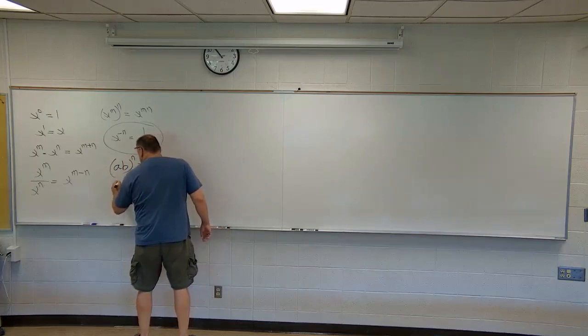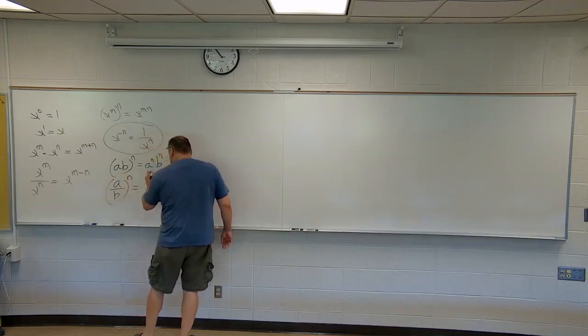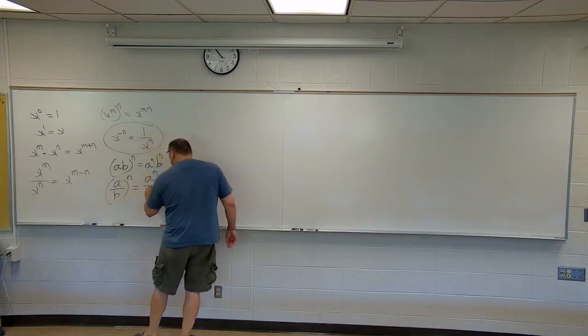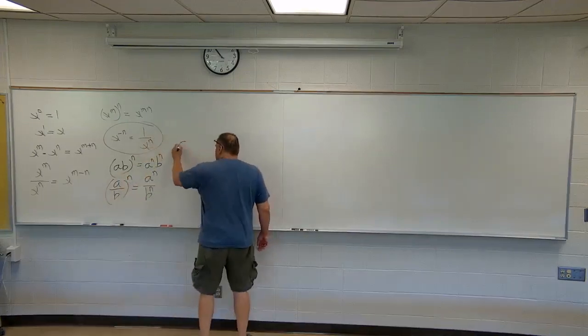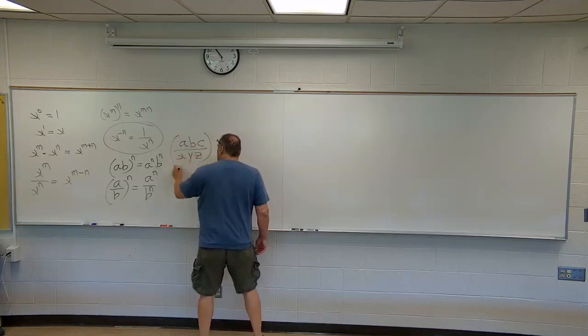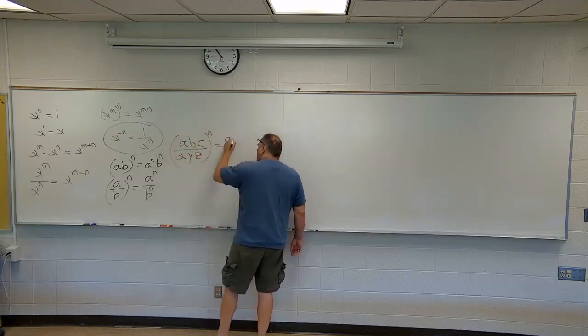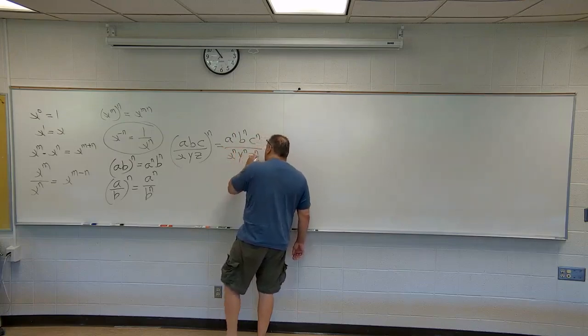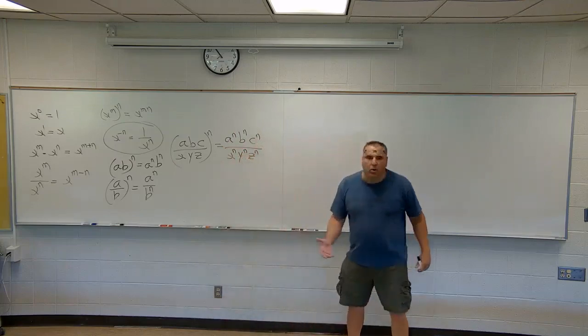If you had this to the n power, it's this. If you mix and match it, if it was something like this, as long as it's straight out multiplication and or division going on only, all of this holds.